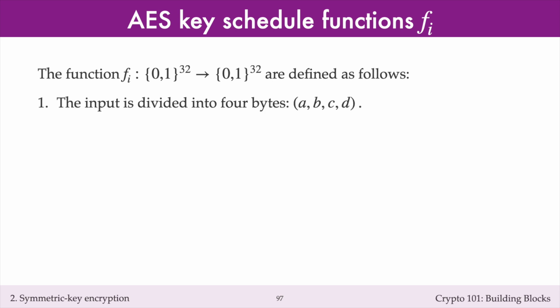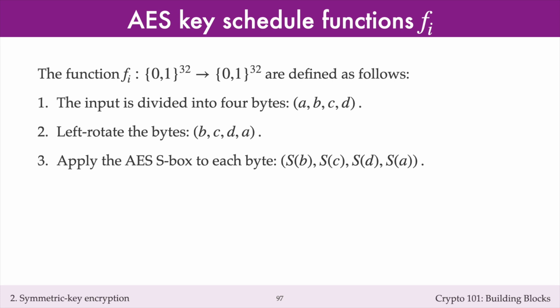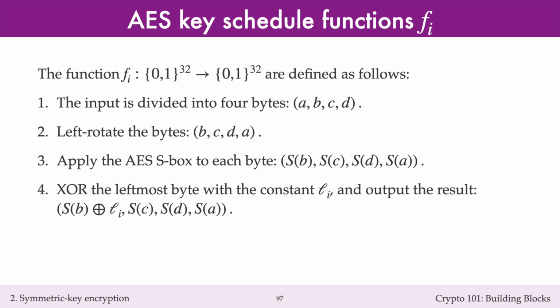The input is divided into 4 bytes A, B, C, D. These bytes are left rotated to give a word B, C, D, A. Then the S-box is applied to each byte to give the word SB, SC, SD, SA. And finally, the leftmost byte is XORed with the constant byte Li, and the resulting word is defined to be fi of the input word.